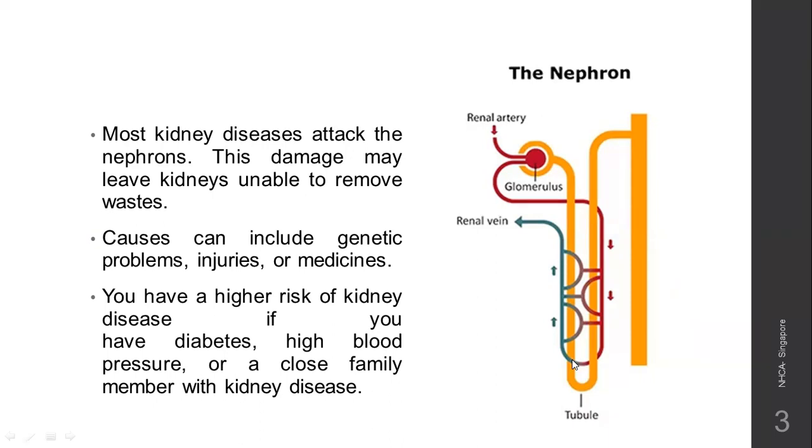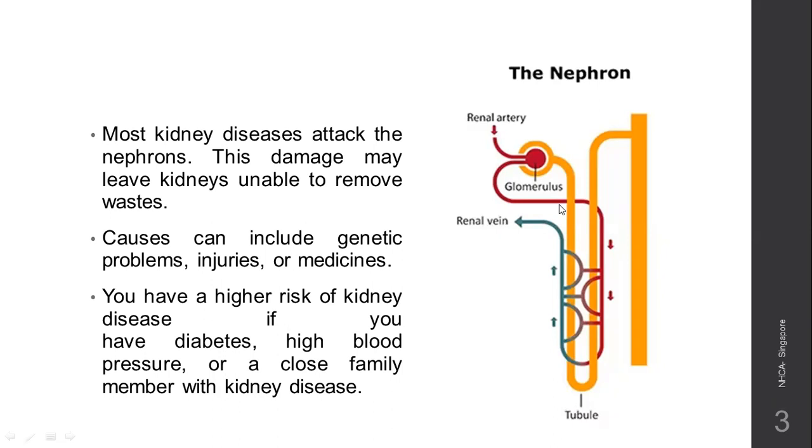So most kidney diseases, apart from stones getting accumulated, cause damage to the nephrons. This damage may leave the kidneys unable to remove waste, because their basic function is to filter out and remove waste. The causes of nephron damage could be genetic, autoimmune disorders, injuries, or certain medications, which can also increase your risk.